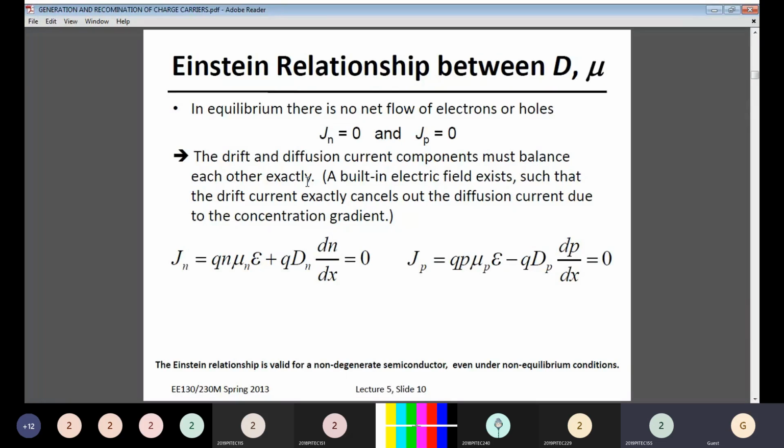A built-in electric field exists such that the drift current exactly cancels out the diffusion current due to the concentration gradient. Jn is equal to Qn mu n epsilon plus Qdn dn by dx is equal to 0. Similarly, Jp is equal to Qp mu p epsilon minus Qdp dp by dx is equal to 0. Already we have found this relationship. The Einstein relationship is valid for a non-degenerate semiconductor even under non-equilibrium conditions.